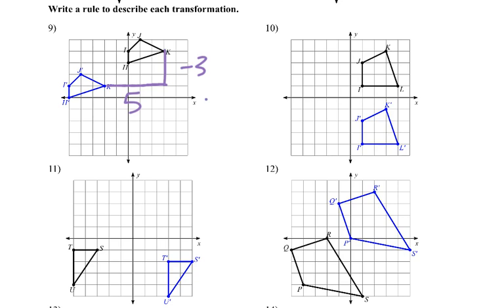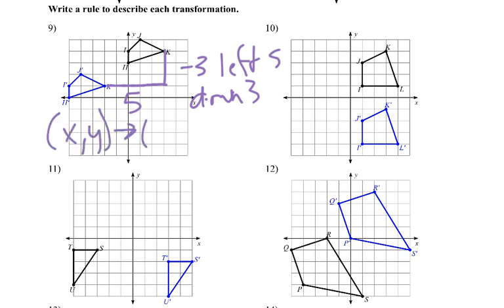So I can write it down 3, on the left 5, or I can go X comma Y is going to be X minus 5 because we went to the left 5, and Y minus 3 because we went down 3. And I would prefer that you try writing them that way.